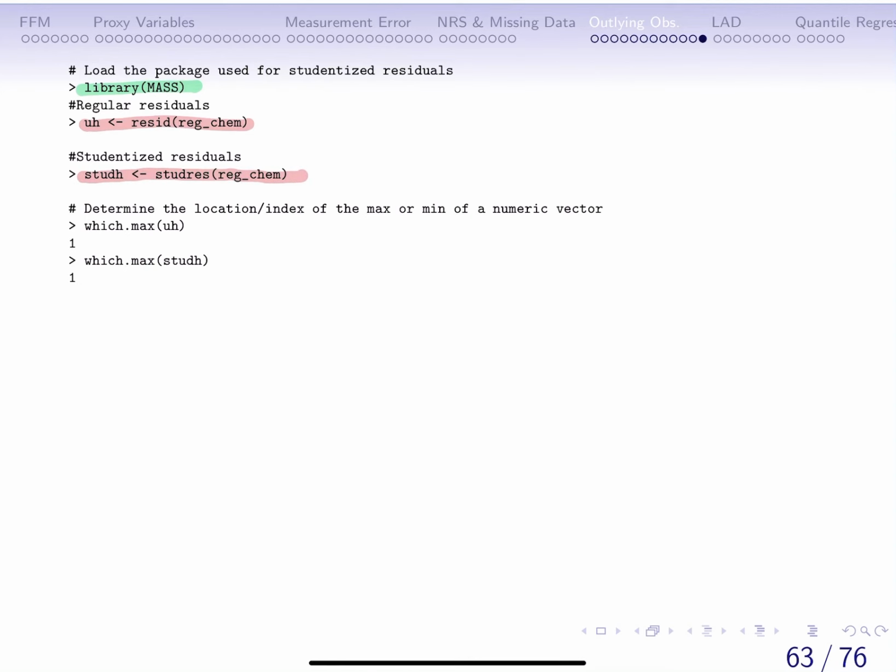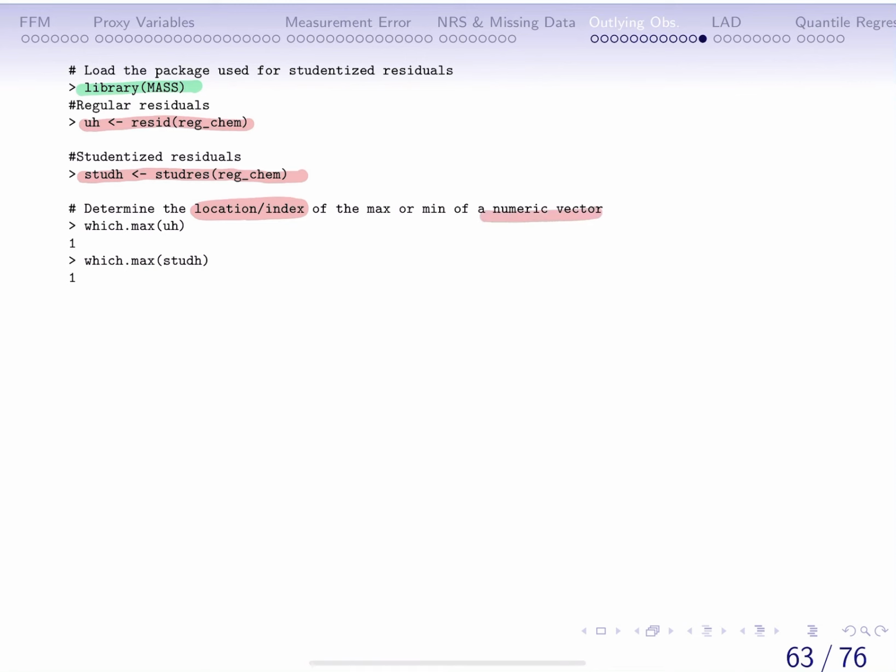You can always check, based on the studentized residuals, which is the location or index of the firm which has the max or the min value of a particular numeric vector.